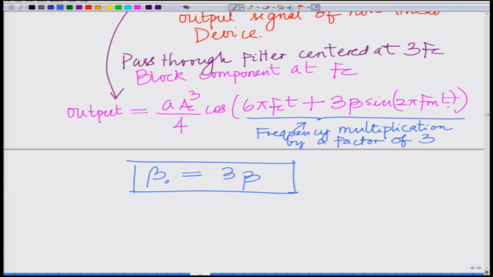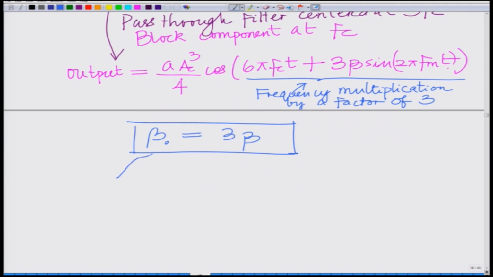The modulation index of the output signal is 3 times beta, where beta is the modulation index of the input signal.